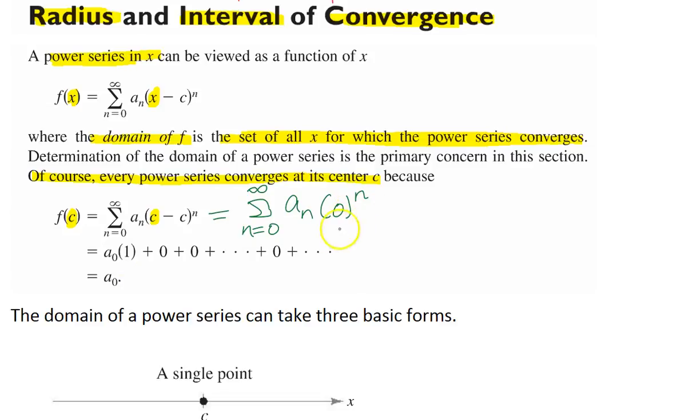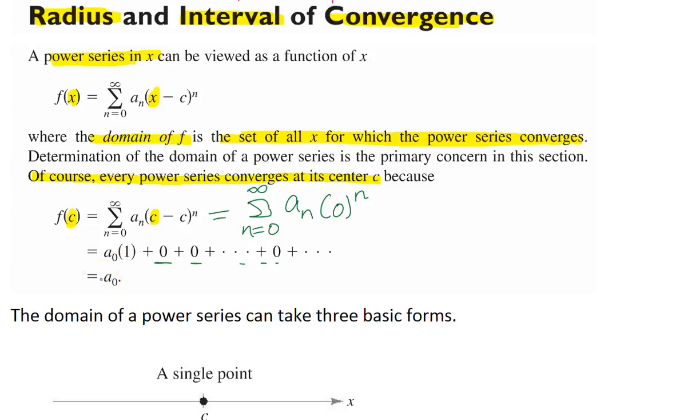Guys, that's a special case, right? 0 to the power 0. Now, when n is 1, this becomes a1, 0 to the power 1 is 0, so the term is 0. When n is 2, that's a2, 0 squared is 0. So all the other terms are 0. So at the center, guys, when you evaluate the power series, it will be equal to a sub naught.